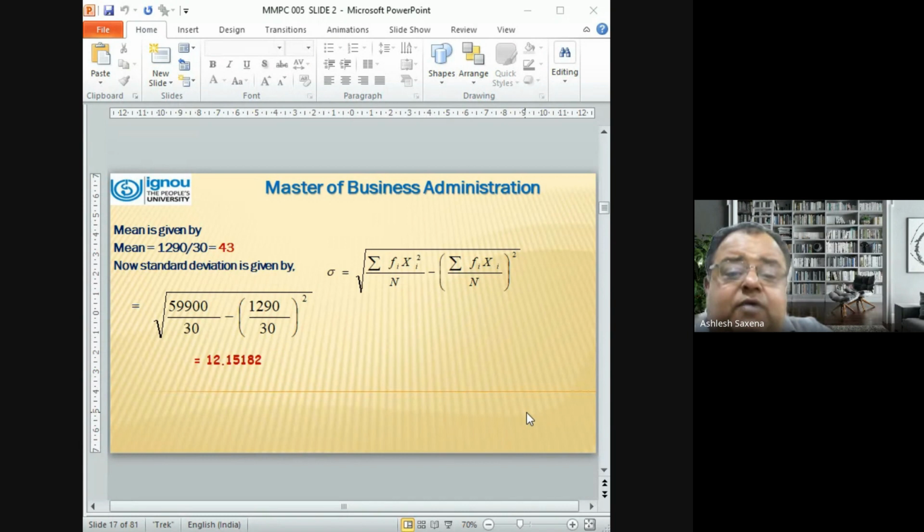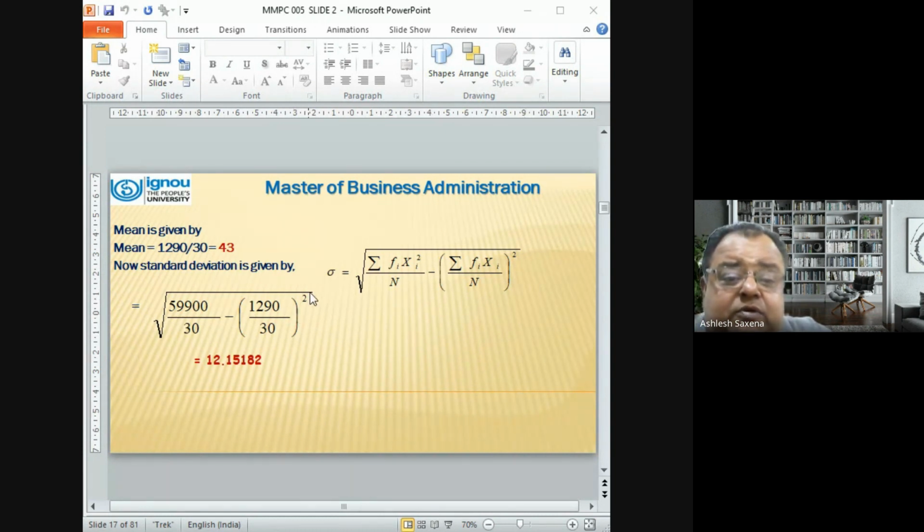Now, the formula is summation fx square by n minus summation fx by n whole square. We have calculated all these values, but now we have to convert into the numerical number. That is under root 59900 divided by 30 minus 1290 divided by 30 whole square. Keep one thing in mind.